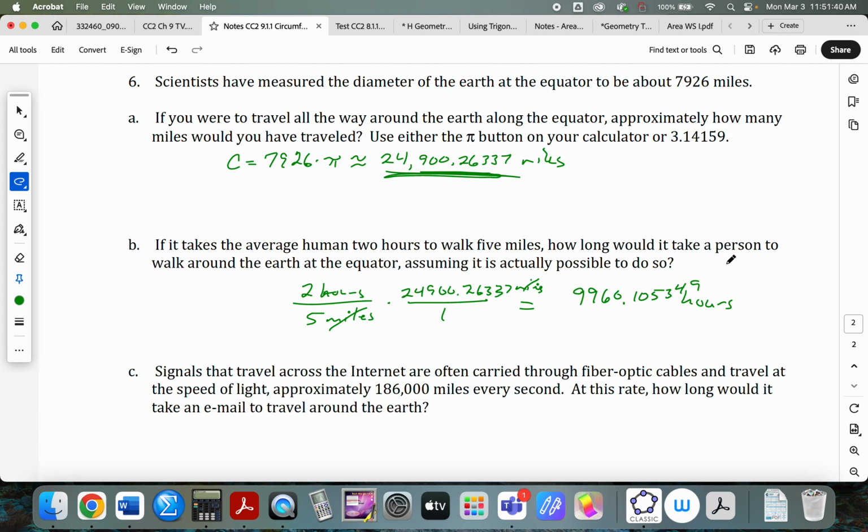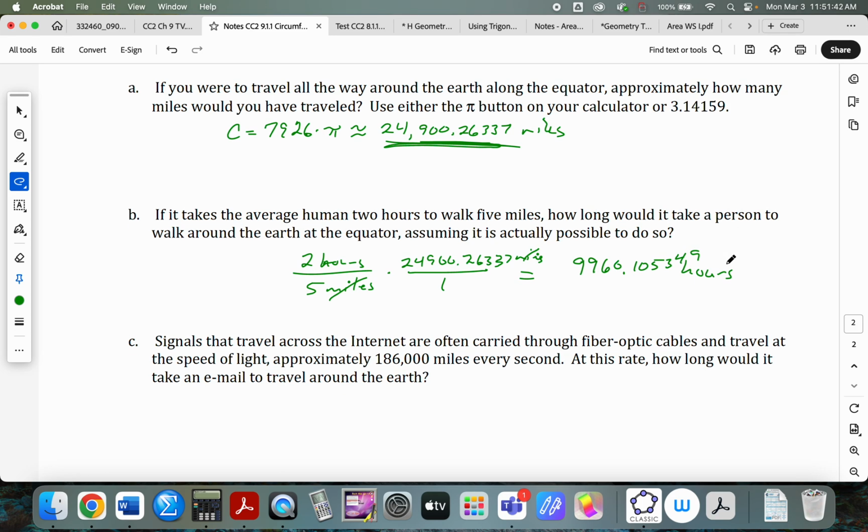All right. Now, signals that travel across the internet are often carried through fiber optic cables and travel at the speed of light, approximately 186,000 miles every second. At this rate, how long would it take for an email to travel around the Earth? Okay.